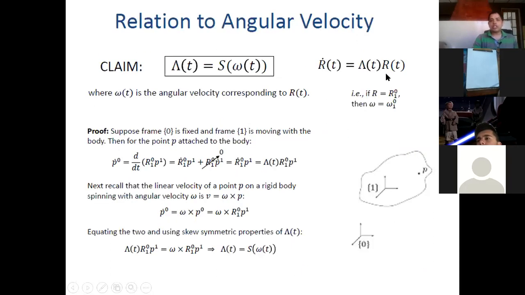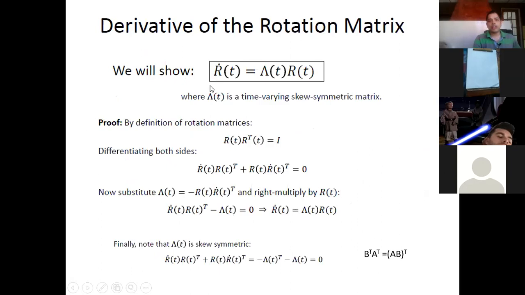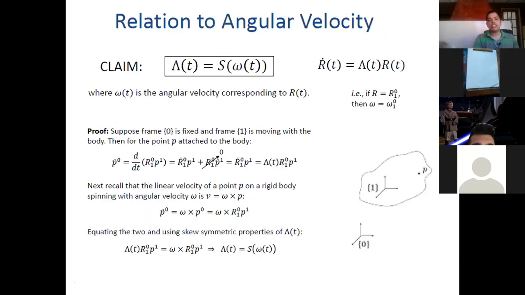Now, based on the knowledge we have so far, I'm going to prove something about this lambda. What is the lambda here? What did we say? Lambda is a time varying skew symmetric matrix. What I'm going to prove is that this is not only a skew symmetric matrix, but one which has the vector components of angular velocity.